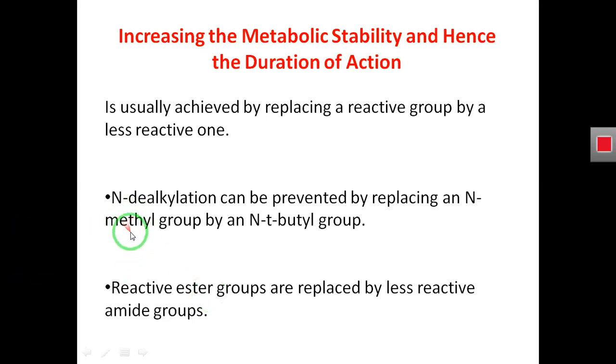Another approach: if a drug has a nitrogen atom in its ring skeleton, and this nitrogen atom has an alkyl group, then when the drug reaches the liver, it can remove the alkyl group and become less reactive. So we can prevent this N-dealkylation by changing the alkyl group at the nitrogen position of the drug to a methyl group.